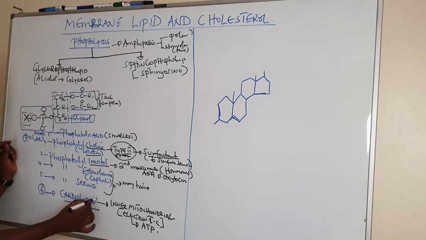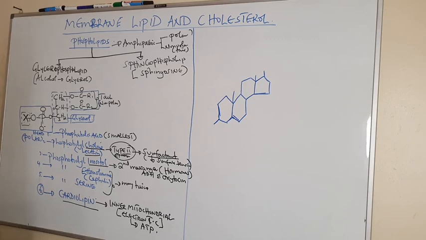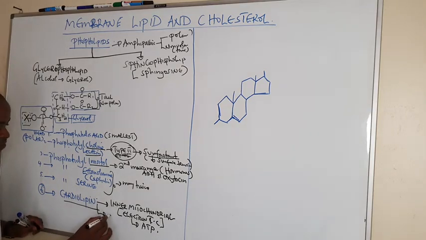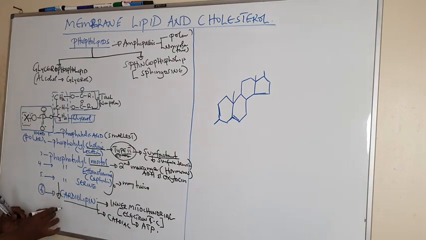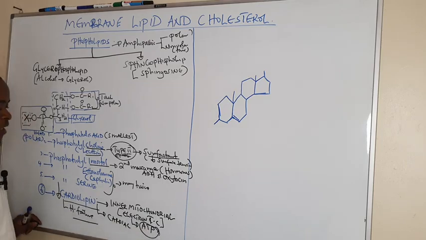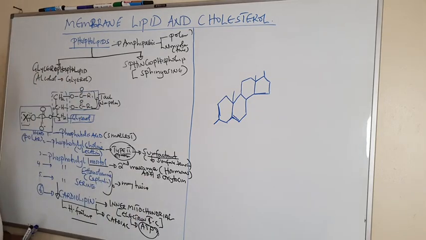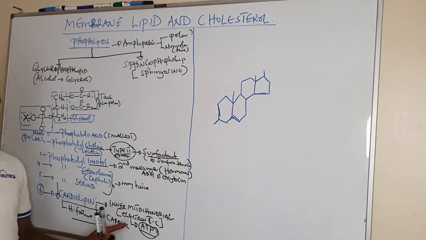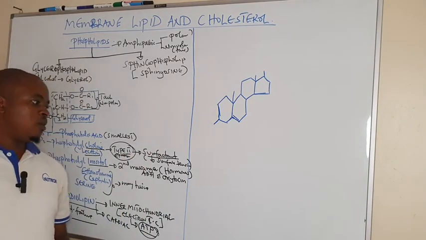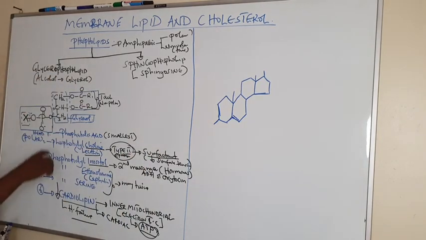So cardiolipin is very important in the production of ATP, and it is also found in the cardiac muscles, and its low levels can lead to heart failure and muscle dystrophy due to lack of ATP. Because for the electron transport chain, that is oxidative phosphorylation, to produce ATP to occur very well, we need the cardiolipin, which is part of this inner mitochondrial membrane. So these are the examples of glycerophospholipids.